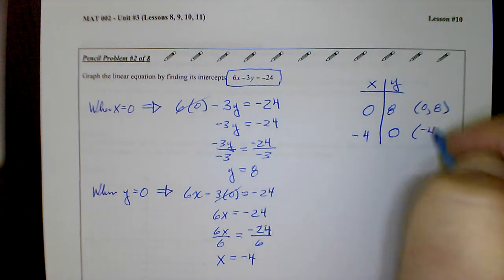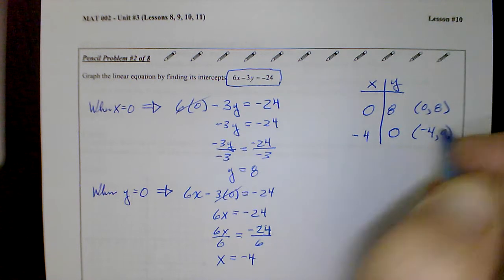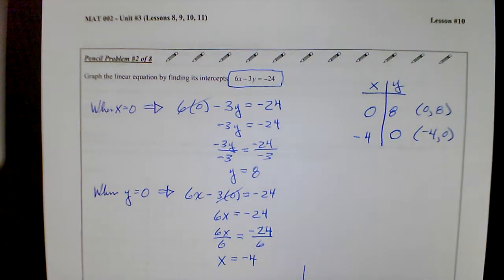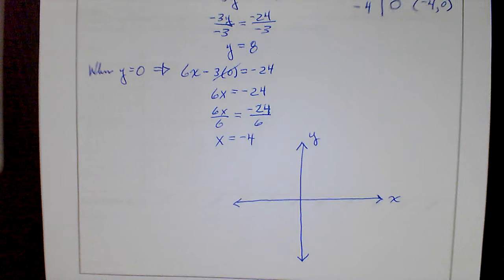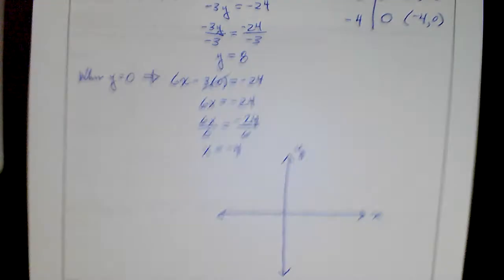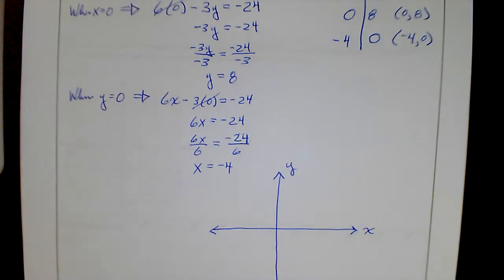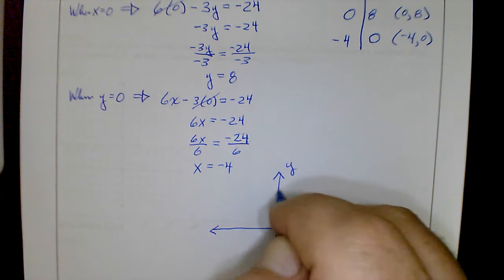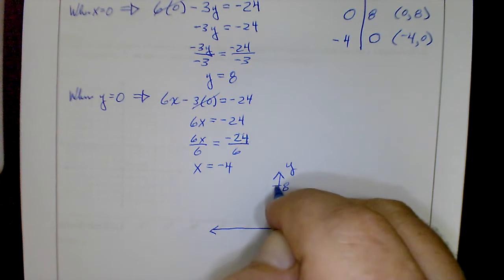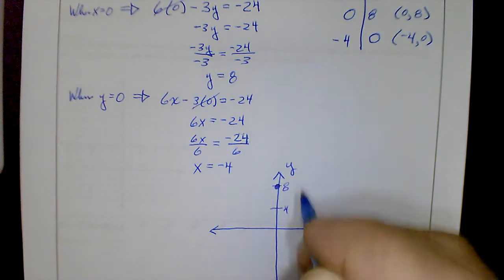So then I'm just going to make a sketch here by drawing the axes, but hopefully you watched that video that I created on how to graph in my math lab. So we're just plotting the points 0, 8. So just pick a convenient scale, maybe call that 4 and this 8. 0, 8 would be right there.